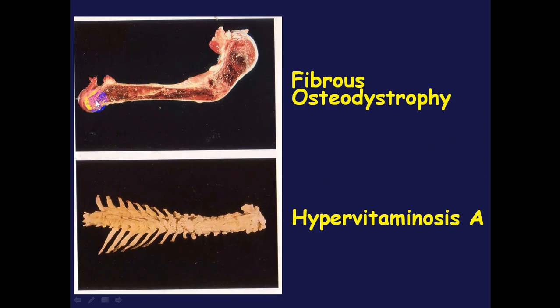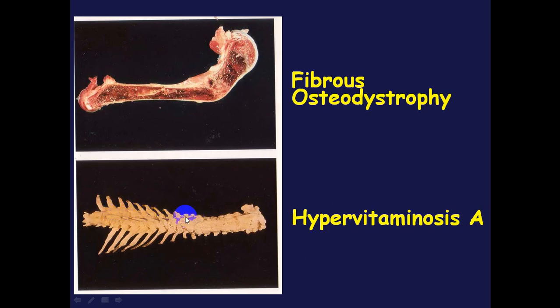So if we cut the bones with fibrous osteodystrophy, we will find a formation of fibrous tissue like this. And the bone will also have a rough structure.